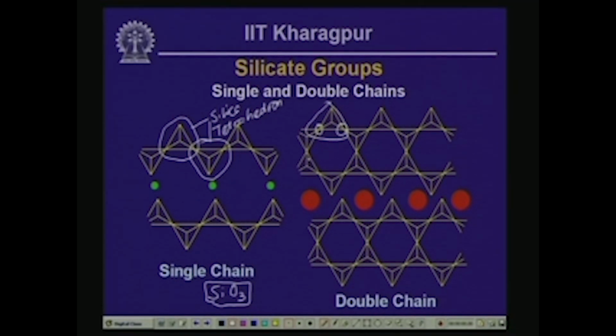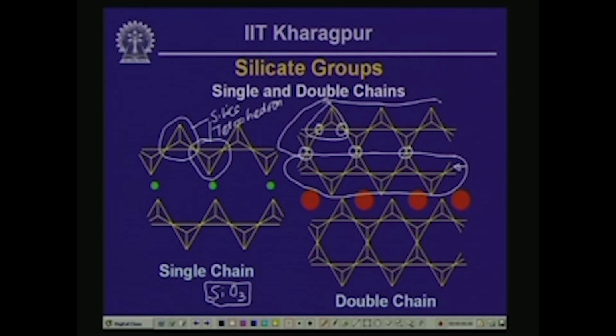But unlike the previous one, another oxygen is also shared with a sort of mirror image of a chain which forms on the other side. So this chain here is combined with another chain by sharing of oxygen atoms like these.